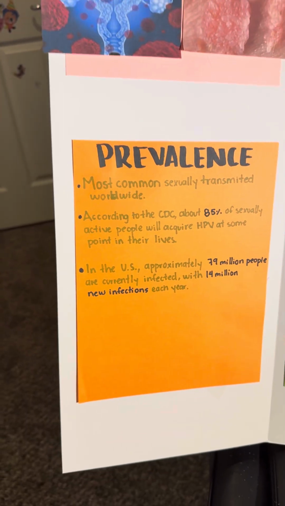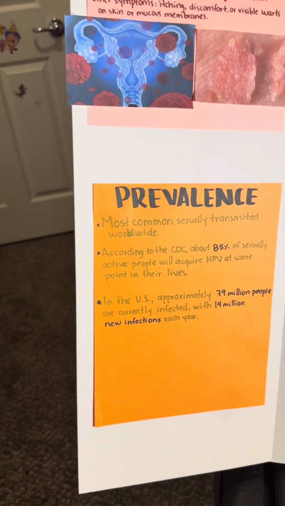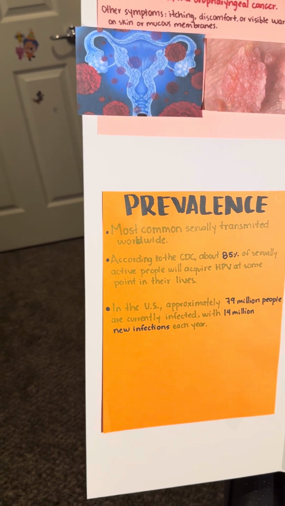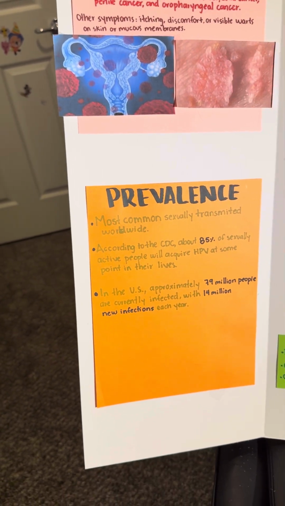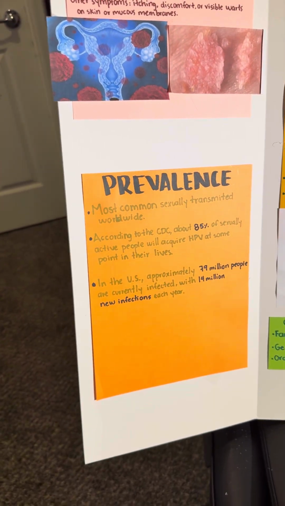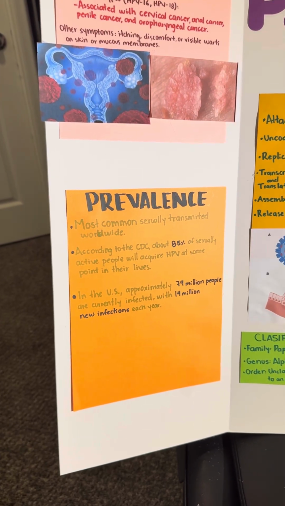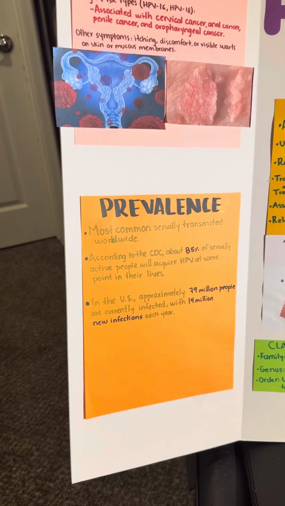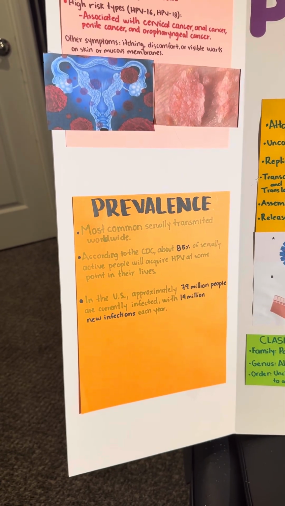Well, about the prevalence, something important is that it is the most common sexually transmitted infection worldwide. According to the CDC, about 85% of sexually active people will acquire HPV at some point in their lives, and this is a critical fact.